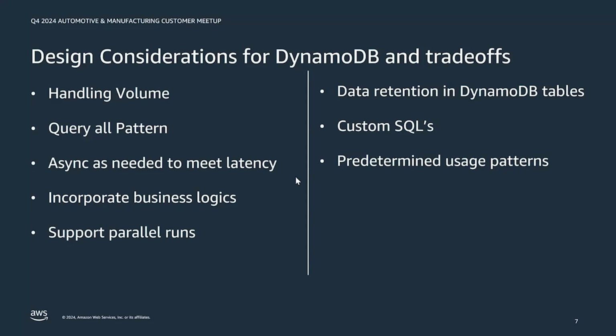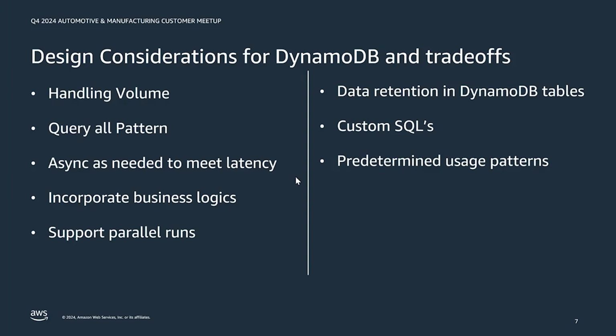And there are some trade-offs we made, right? As a technology choice, we considered DynamoDB. We understand there are some trade-offs we need to make. One, the data retention: we should be very careful about how long we are going to store the data in DynamoDB. Then the custom SQL. Today Oracle or RDBMS technology has evolved so much. There are multiple queries you can write.